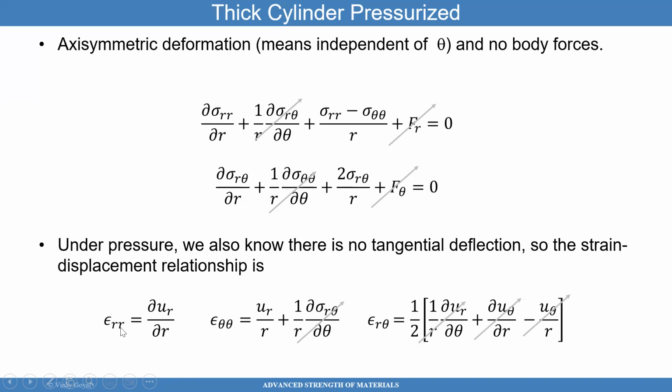The radial strain is partial u r with respect to partial r, where r is the radial direction of that cylinder and u r is the radial deflection along the r direction. Epsilon theta theta has this term right here that goes to 0, and then you have u r divided by r. That's epsilon theta theta there.